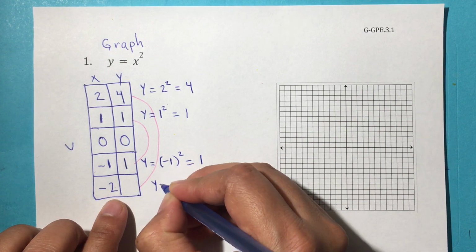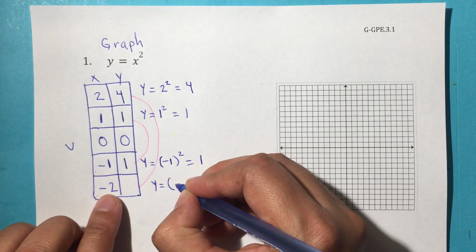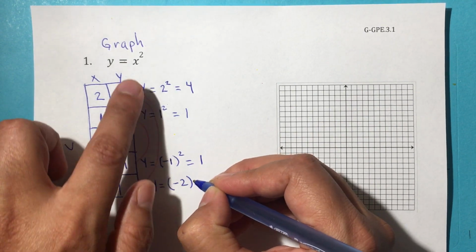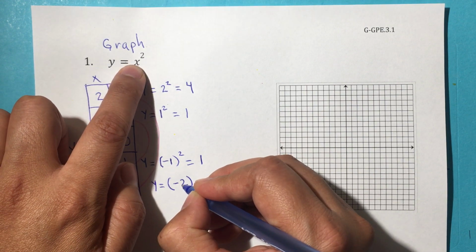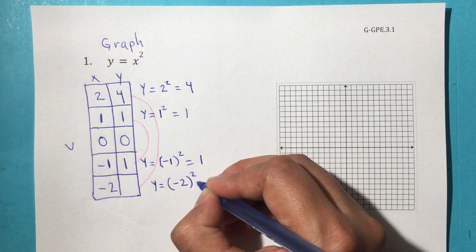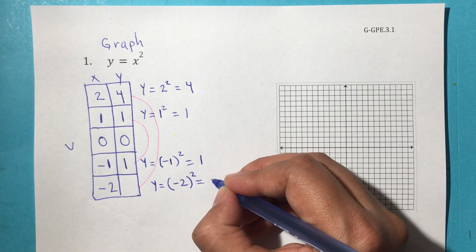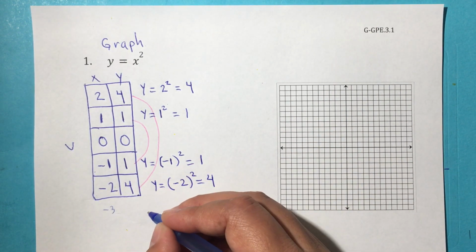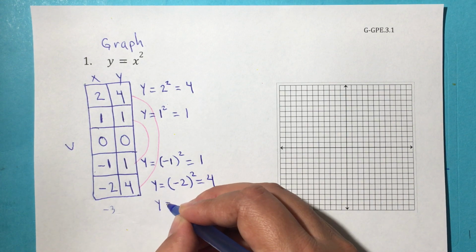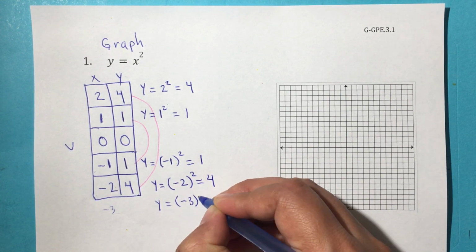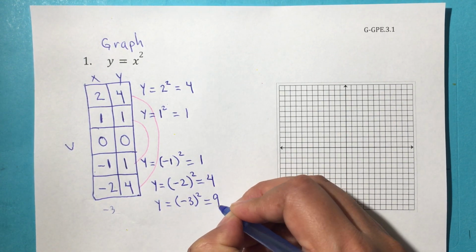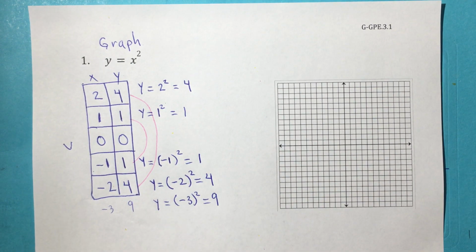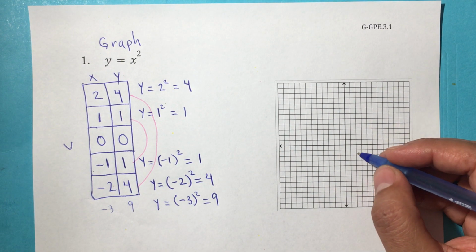So for this one, y is equal to negative 2 for x. So substitute the x, negative 2, square that. And negative 2 times negative 2 is positive 4. Again, if you had a negative 3 in here, it would be negative 3 times negative 3, positive 9, okay? So now we have our points, and let's start graphing.